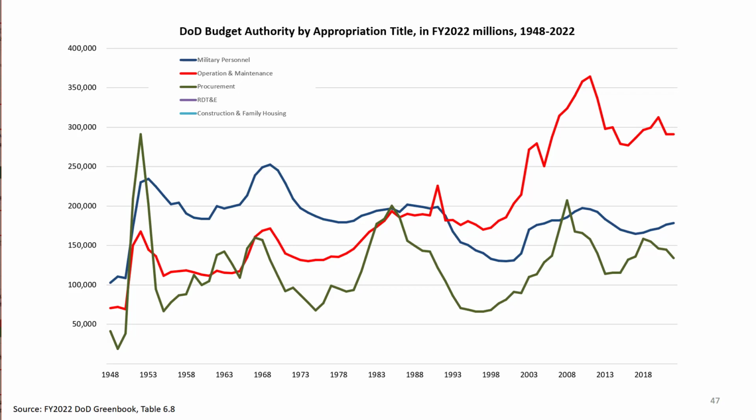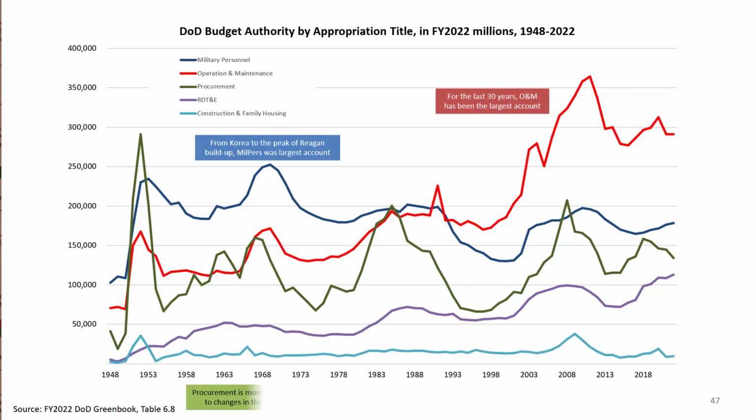And so procurement tends to be more volatile. R&D has risen steadily over time as we have more and more integrated systems and more complex systems. Construction and housing is a pretty minor part of the overall budget.